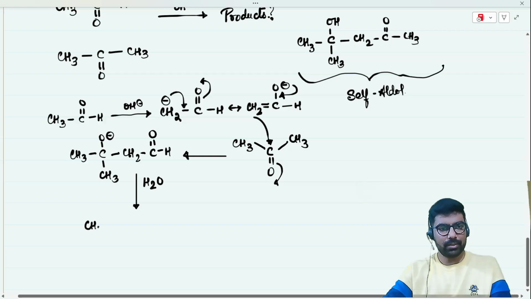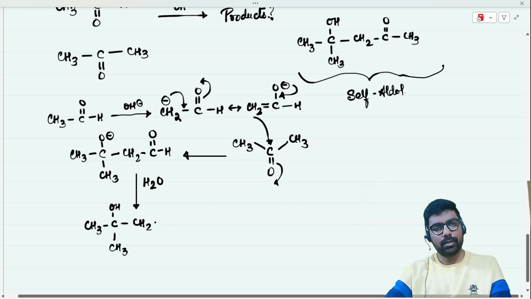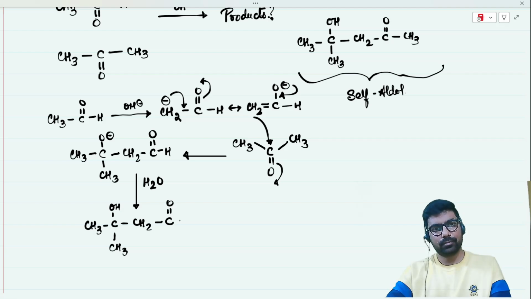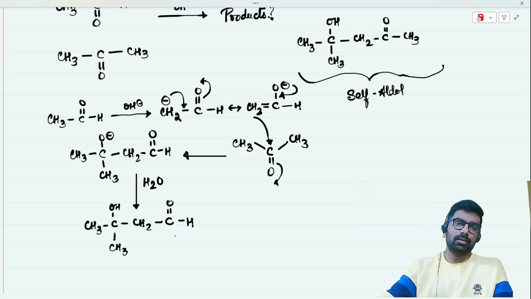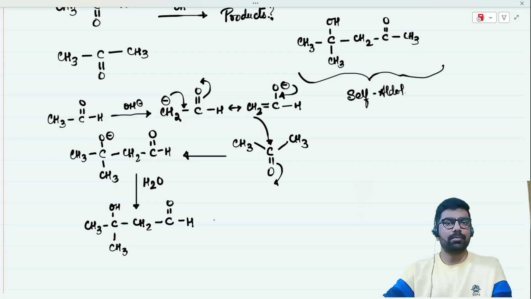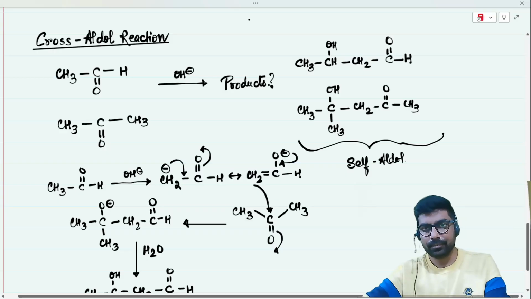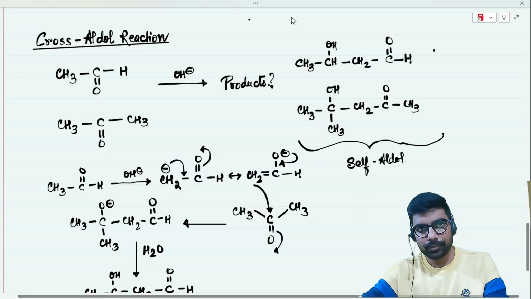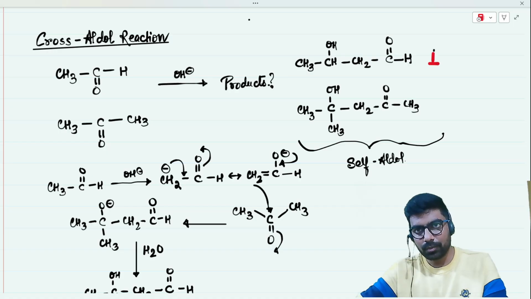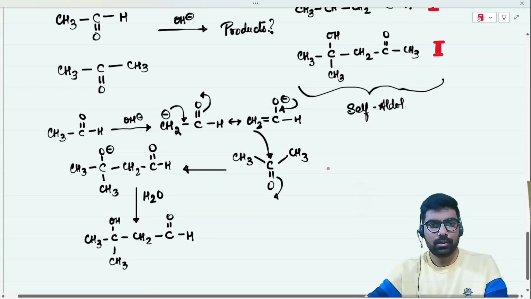So we will have something like this: CH3, COH, CH3, CH2, C double bond O, and hydrogen. So this is one of the products. This is my product number 3. Let's say this is my product 1, this is my product 2, and this is my product 3.